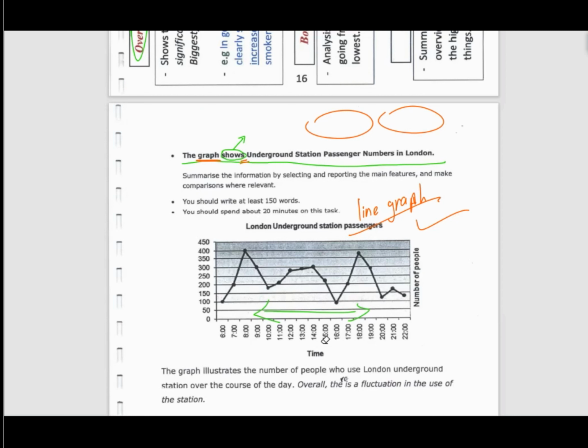When you change it to the passive, it should be what? For example, here, the underground station passenger numbers in London is shown in the graph. Is shown in the graph. Why is shown, not was shown?